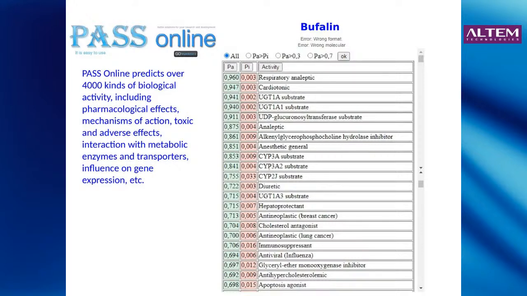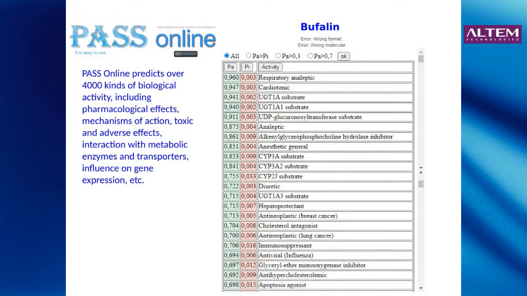So if you have the SMILES structure, you can plug it in and it will show you the probability of activity, which is shown in green, and also the probability of inactivity of a particular compound against a particular condition. So you can see that bufalin has a property as a respiratory analeptic.